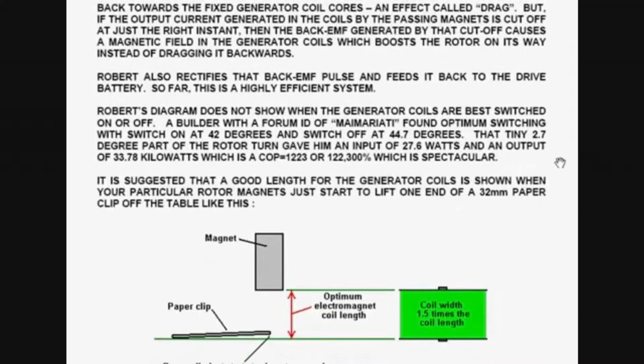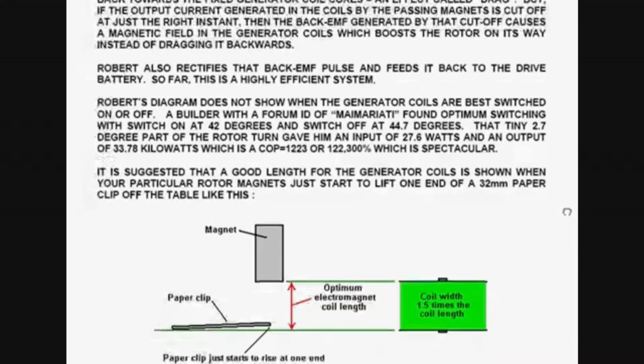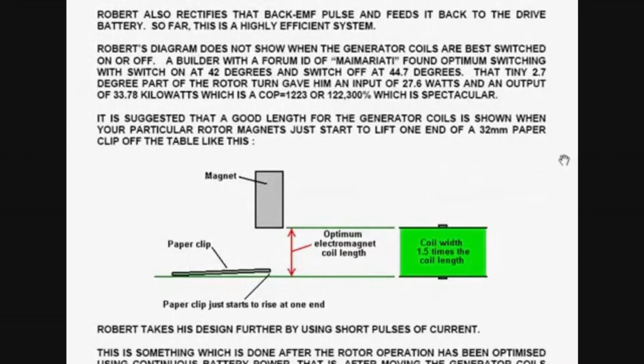But if the output current generated in the coils by the passing magnets is cut off at just the right instant, then the back EMF generated by that cutoff causes a magnetic field in the generator coils which boosts the rotor on its way instead of dragging it backwards. Robert also rectifies that back EMF pulse and feeds it back to the drive battery. So far, this is a highly efficient system.